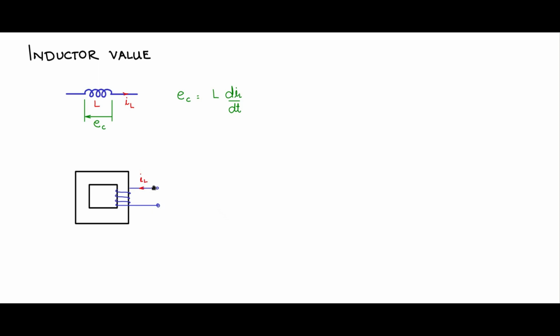This is IL, and the voltage across the terminals will be the voltage across the coil EC. This coil may have N turns, and within the core it will set up a flux, d phi by dt. And this core will have some pre-designed value of permeance lambda shown here.